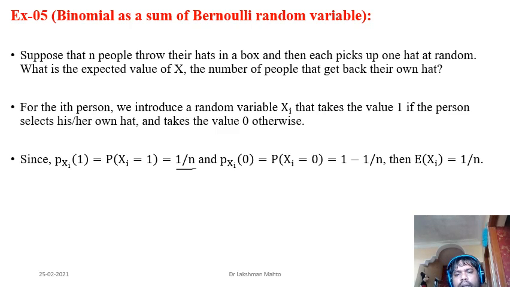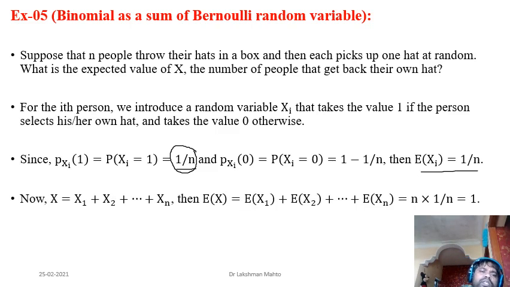And when Xi takes value 0, the probability is 1 - 1/n. You can say this 1/n is the probability of success, that means the probability of getting one's own hat. We have already seen that the expectation of a Bernoulli random variable is directly equal to the probability of success, which is 1/n. So the calculation is very simple.